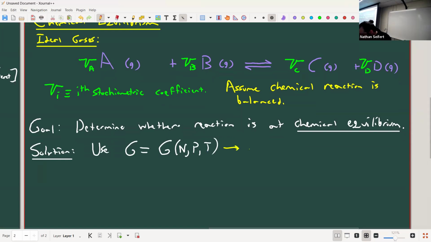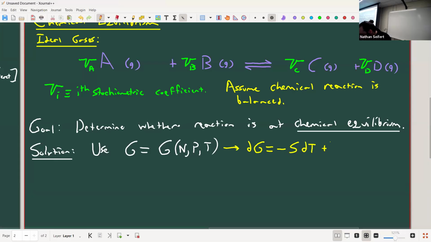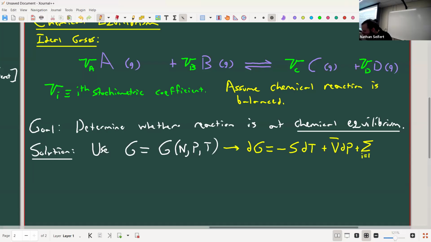And this enables us to have a derivative of Gibbs, which is, as we've talked about, minus SdT plus VdP plus the sum over all the materials, i equals 1 to N, the different molecules, of their chemical potentials times the change in the number of moles of that material.